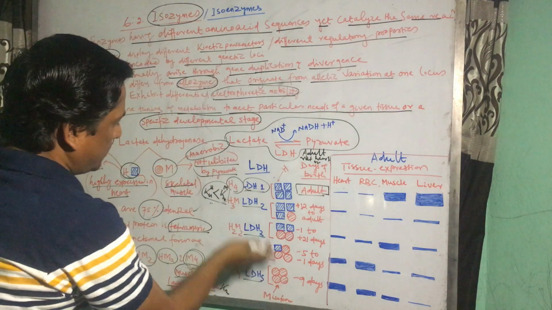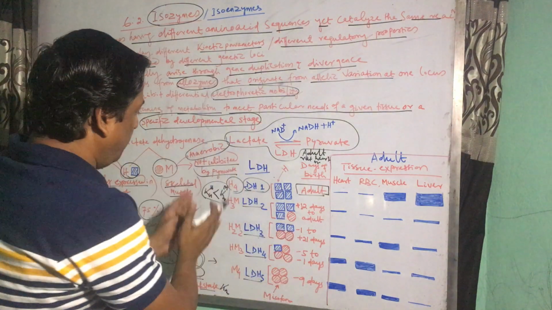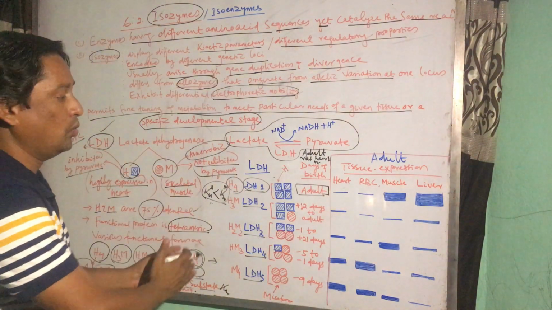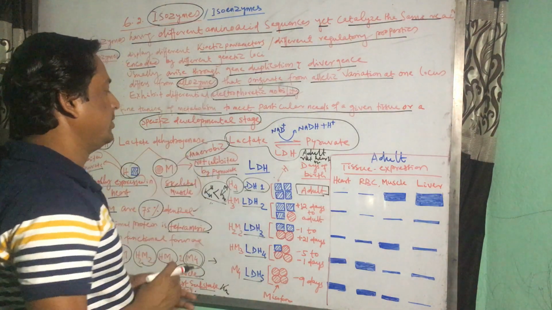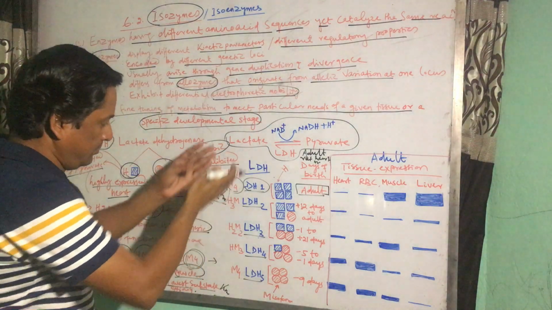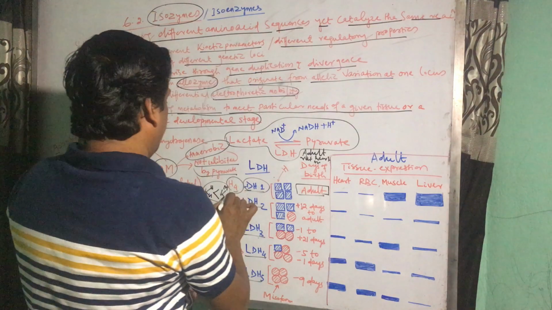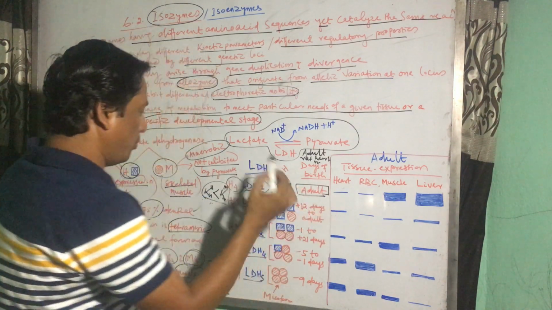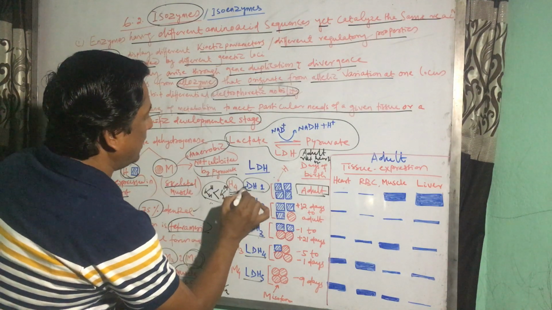Here, just to show that when the metabolism is changing from an anaerobic environment to a more aerobic form, the combination of these two peptides gradually changes. The adult is the most aerobic form, which has this LDH1 type.